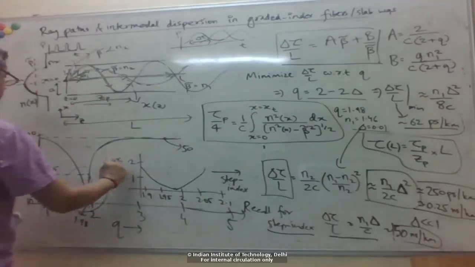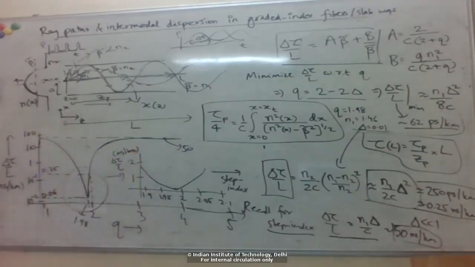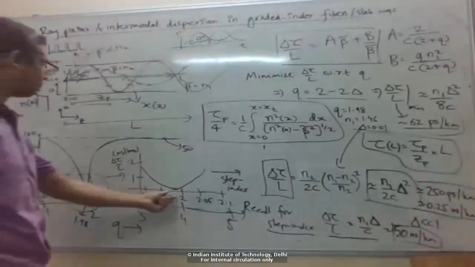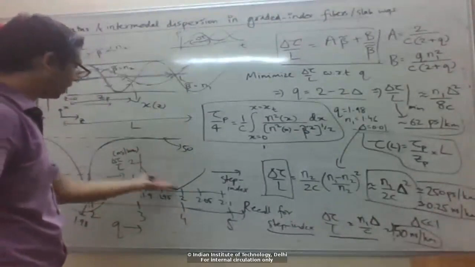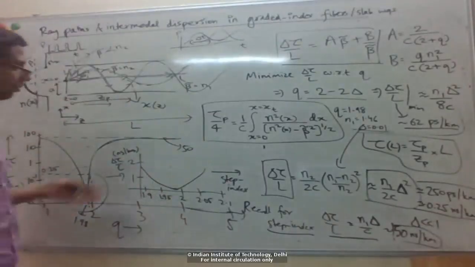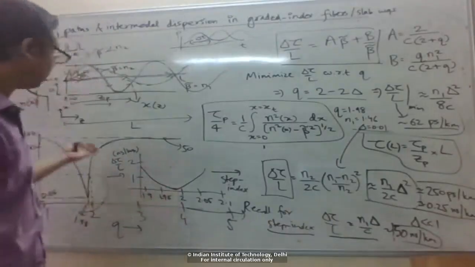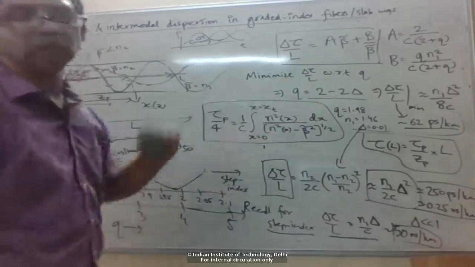So even just a 0.1 change increases your dispersion by like 2 orders of magnitude. So if you can control your doping profile very precisely, then you can really lower the dispersion.